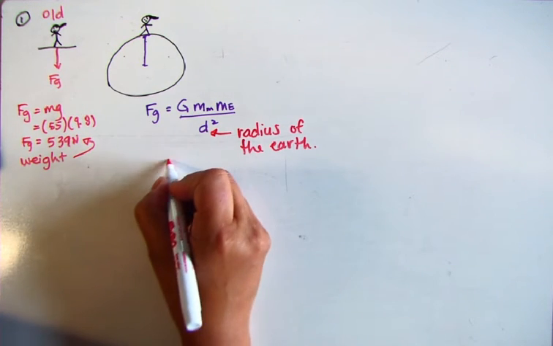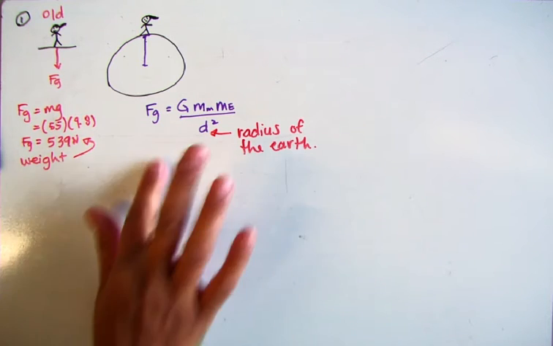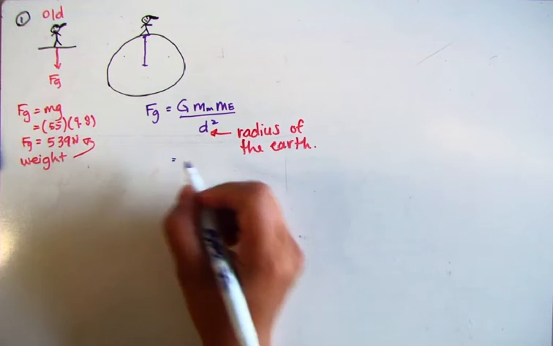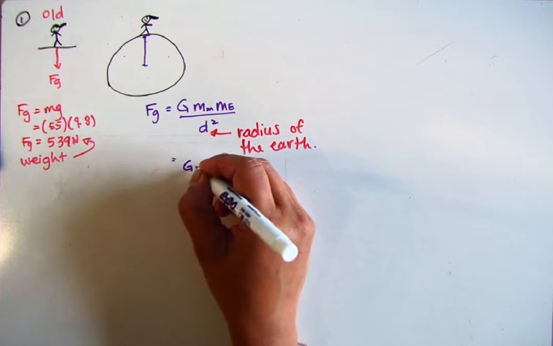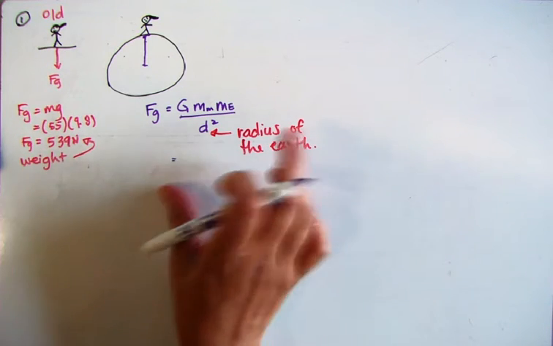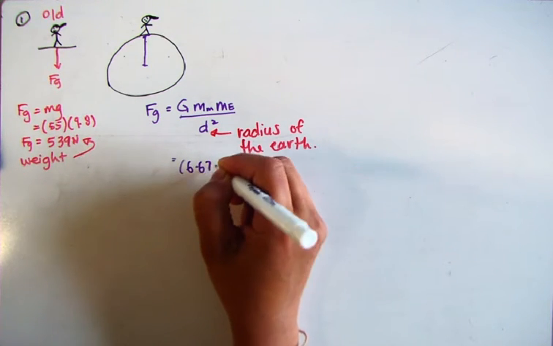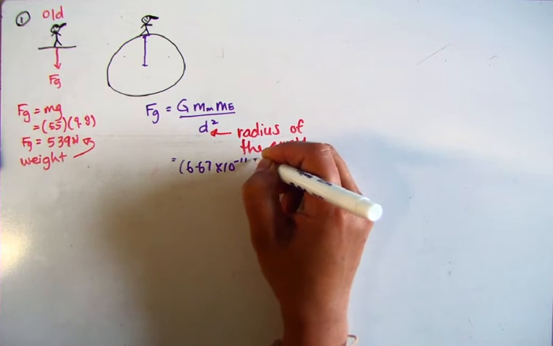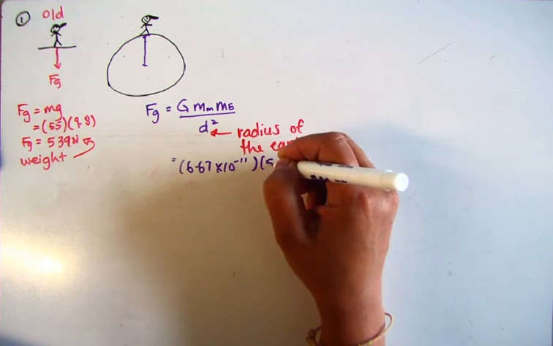Okay, so let's plug in the numbers, and when we do that, we just have to be careful with our calculator. So this equals G, which is 6.67 times 10 to the negative 11. The mass of me is 55.